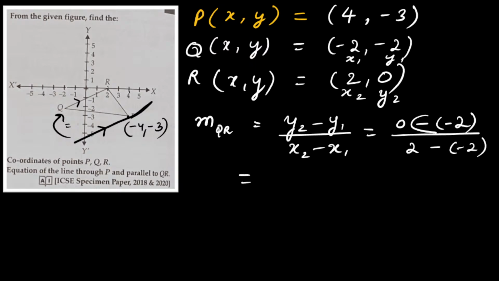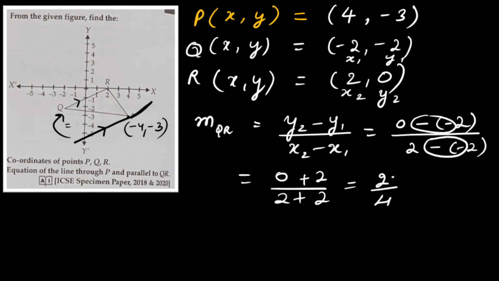Minus minus becomes plus, so 0 plus 2 by 2 plus 2, that is 2 by 4. The slope of QR is equal to 1 by 2.